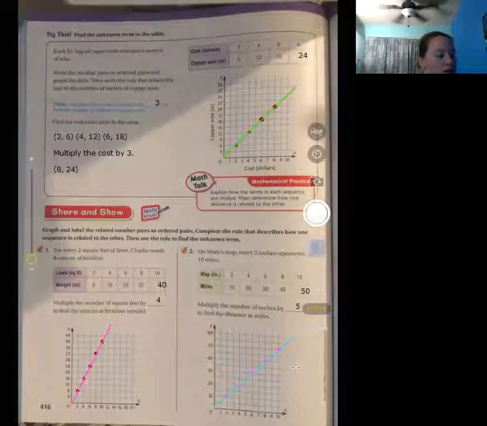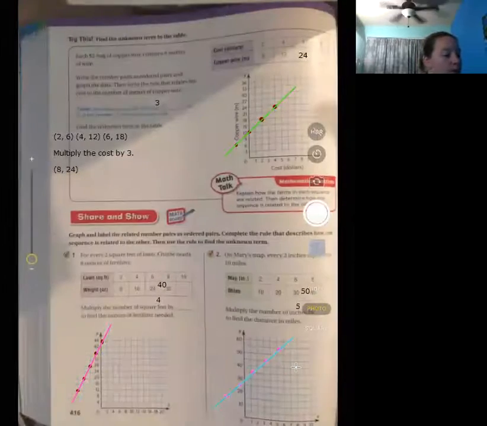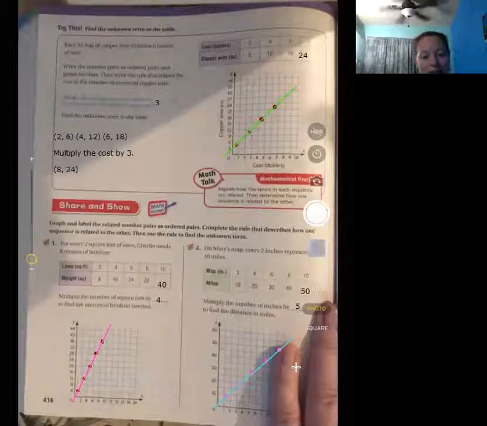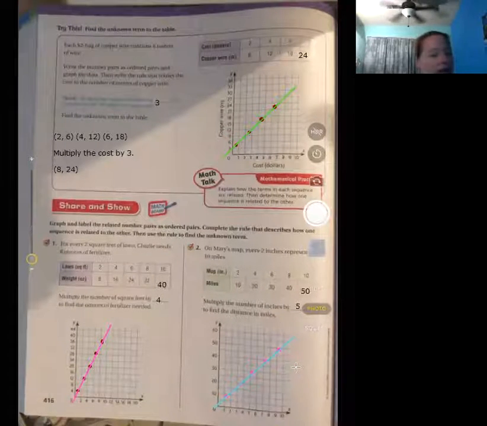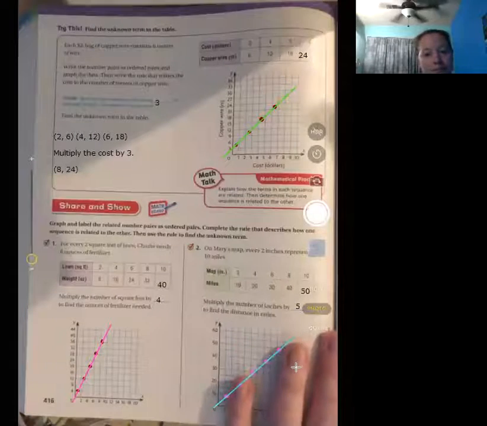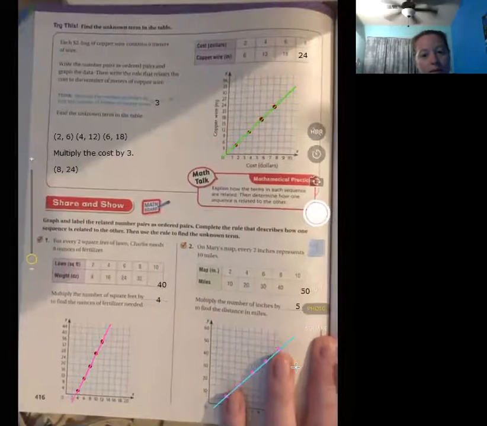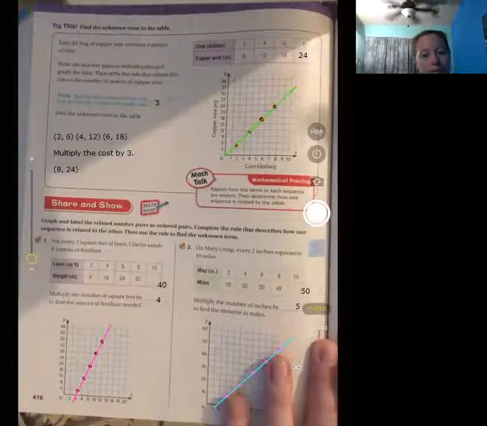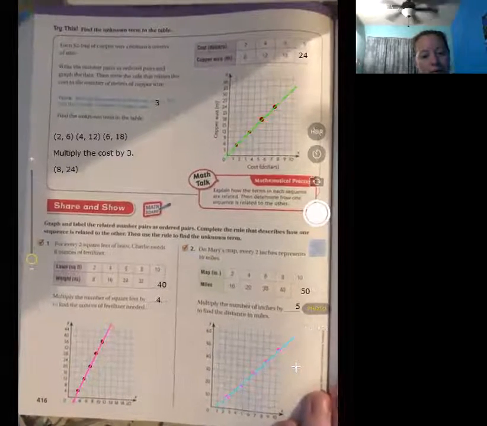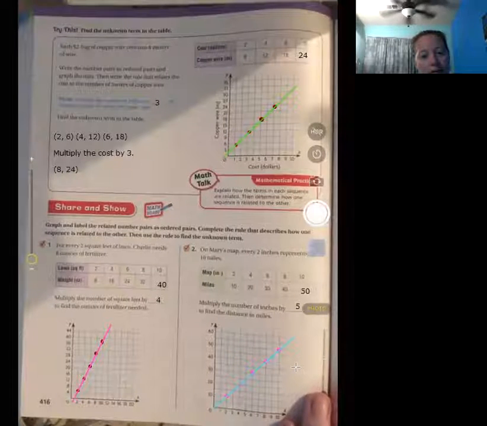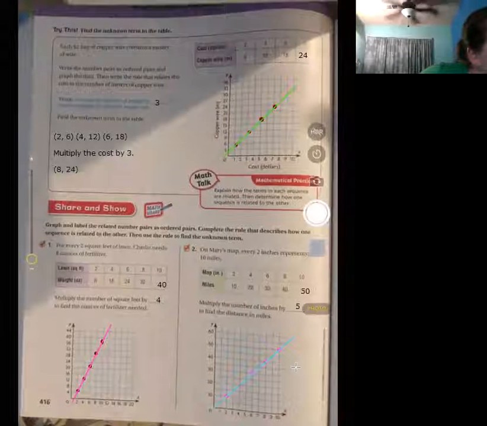So all that you need to figure out on your own is how to, oh, sorry, I ended up moving the book a little bit. They want you to actually draw a graph.